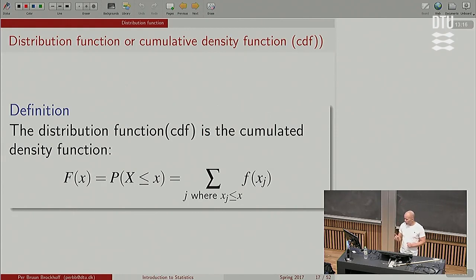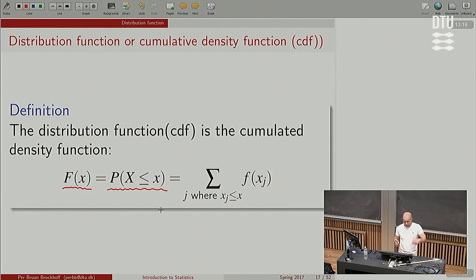The distribution function is, in a way, kind of an alternative to the density, and you can find the distribution function from the density or even define it from the density like this, because by definition, the distribution function is the probability of being less than or equal to x. That's the definition of the distribution function, CDF.